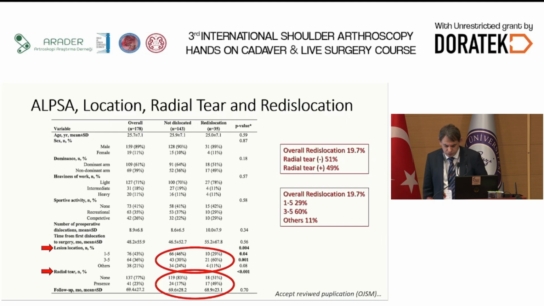We found that the overall dislocation rate for ABSA lesions is about 20%. But if you have a radial tear, the overall dislocation is more than 50%.